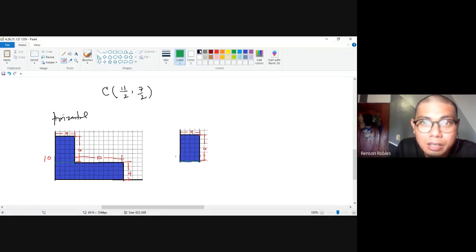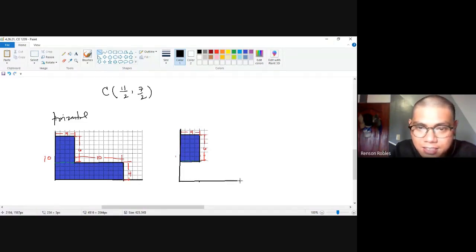So, ito ay lagyan ko lang ng line. And then, ito si Y-axis. Okay. And then, ito si X-axis. Medyo pinahaba ko ng konti. Okay, and then, plus.